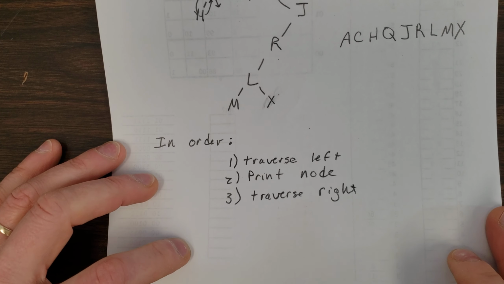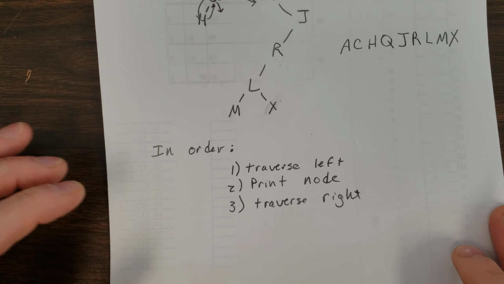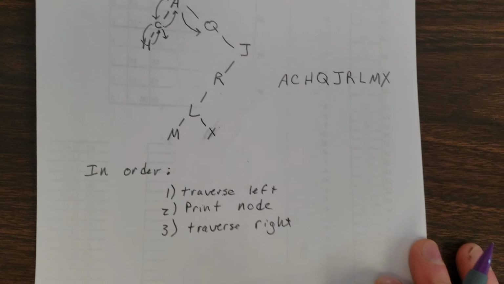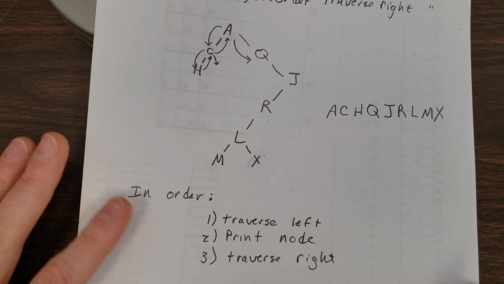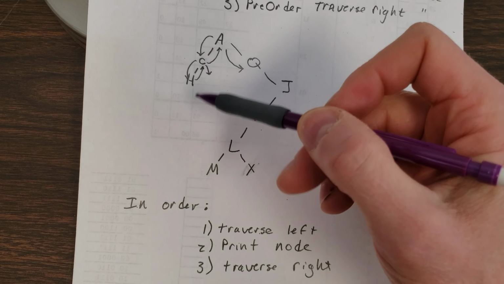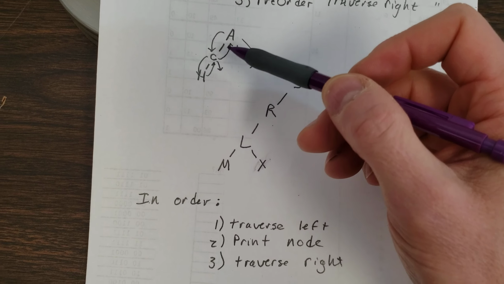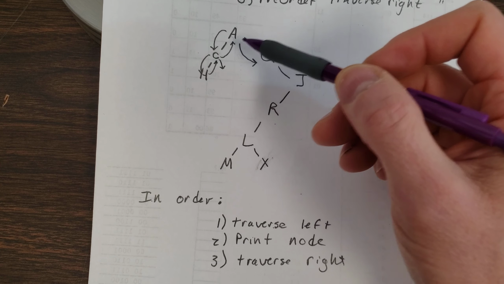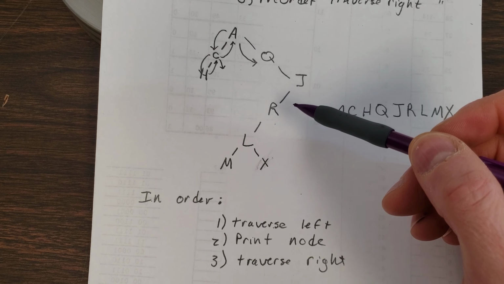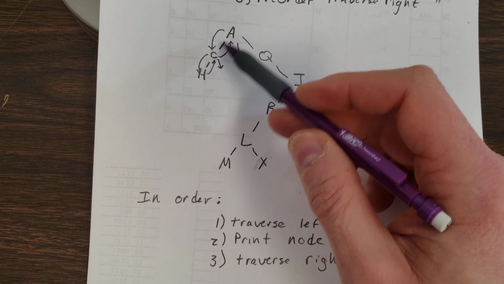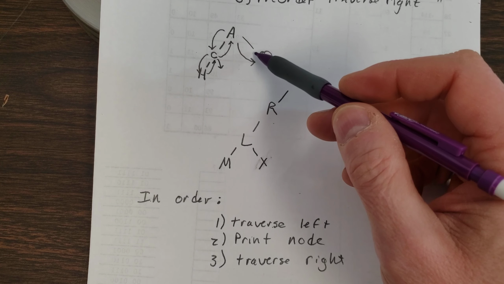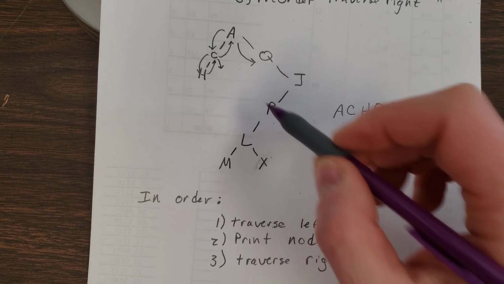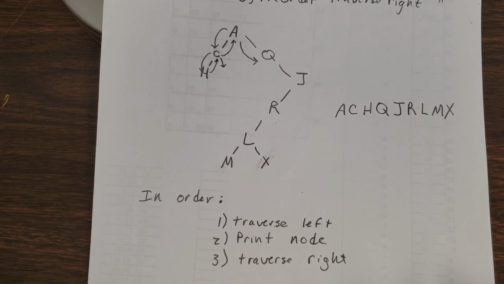Okay, now that's not going to cause too much of a problem. It's just that we have to remember that we have to move through the left subtree in its entirety, then we print out A, then we traverse the right, and then we're done. Okay, but we do so in a regular format, in a recursive format.